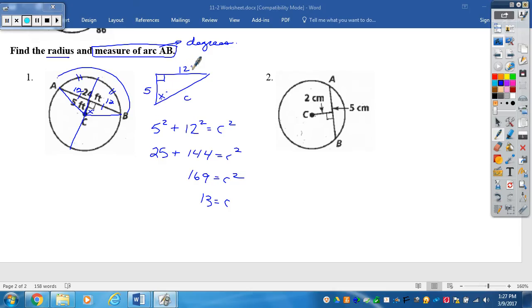Well, remember, this is your opposite side, and this is your adjacent side. So as a result, I would probably use the tangent function. The tangent of x is equal to the opposite over the adjacent. Okay? Now, if we go ahead and solve for x, remember we use that inverse trig function there.